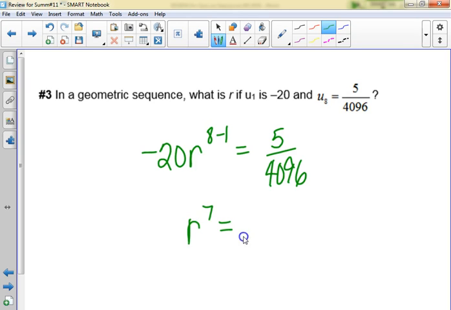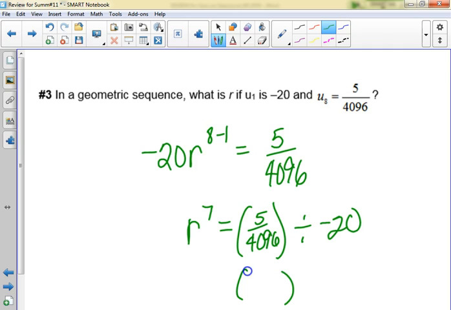R to the 7th equals whatever that nastiness is divided by negative 20, right? 5 divided by 4096 divided by negative 20. Now what? We have a disgusting number, but now we have to do the 7th root or to the 1/7 power. Yeah. When we take that disgustingness all to the 1/7, I got a very nice R equals negative 0.25 or 1/4. Yes?